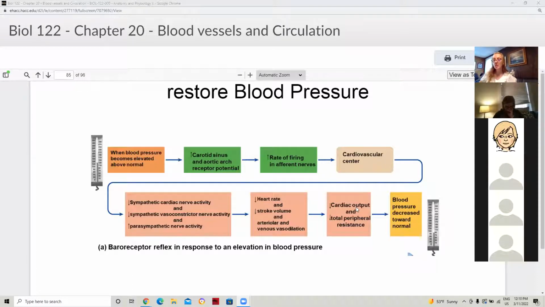If you're increasing arterial and venous vasodilation, the result is that you're going to decrease the total peripheral resistance, and blood pressure is decreased overall.